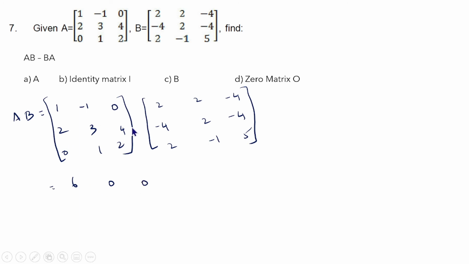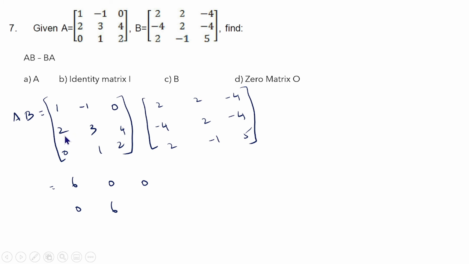Then here second row, first column, so 4 minus 12 plus 8, so 12 minus 12 is again 0, then 4, then plus 6, then minus 4, so it is 6.